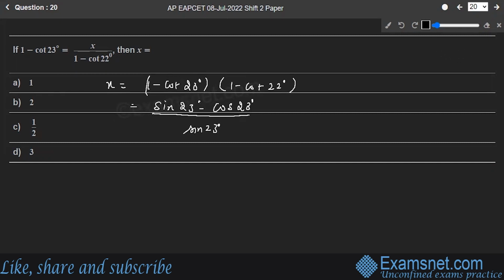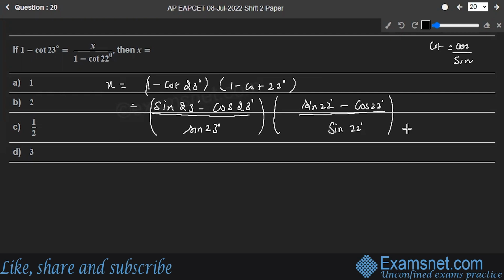See, cot you can write down as cos upon sine. Similarly, 1 minus cot 22 can be written as sine 22 minus cos 22 degree whole divided by sine 22 degree. Correct?